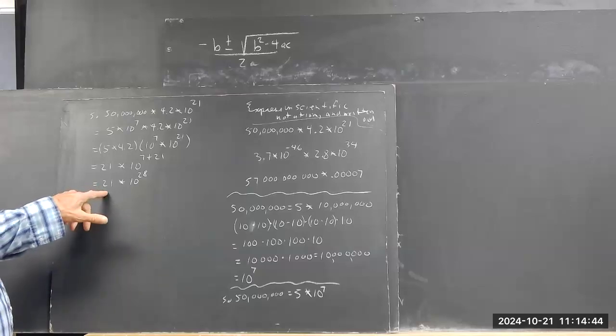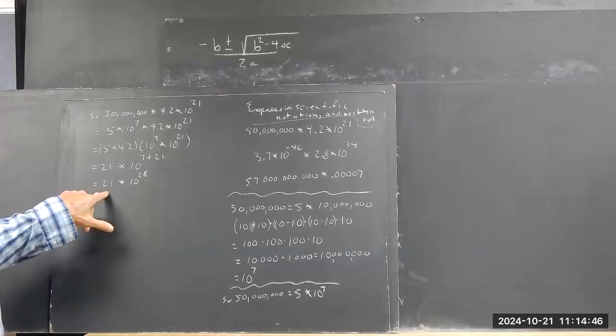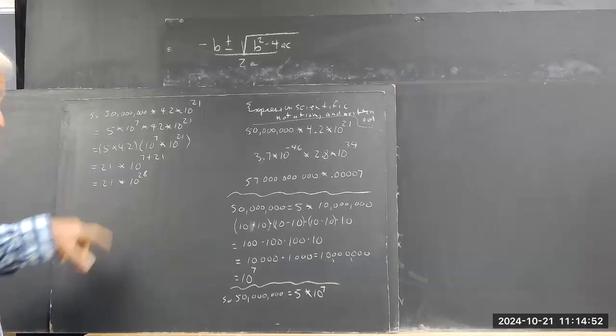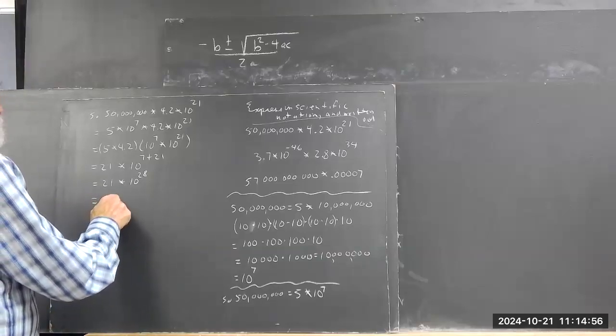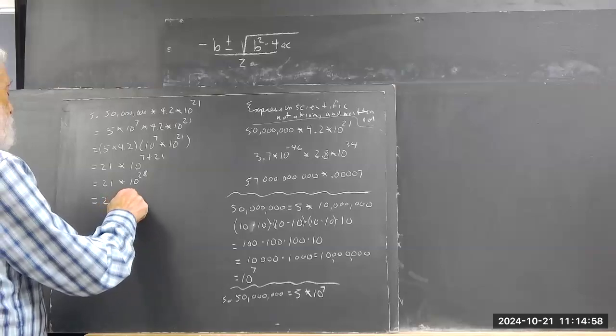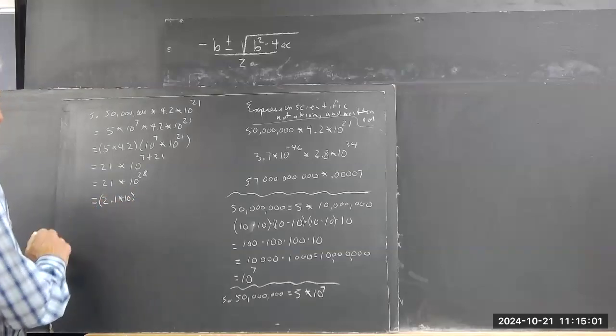Now we're really close, but remember that this number has to be between 1 and 10. Can't be as much as 10. It can be as small as 1, okay? 21 is 2.1 times 10.